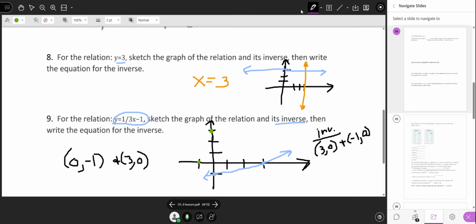I had a brain fart. Yep, 0, 3. I had a brain fart, and if you'd have been in class, you'd have just gotten 2 points. 0, 3. Switch your x and y. I was so focused on telling you the information.